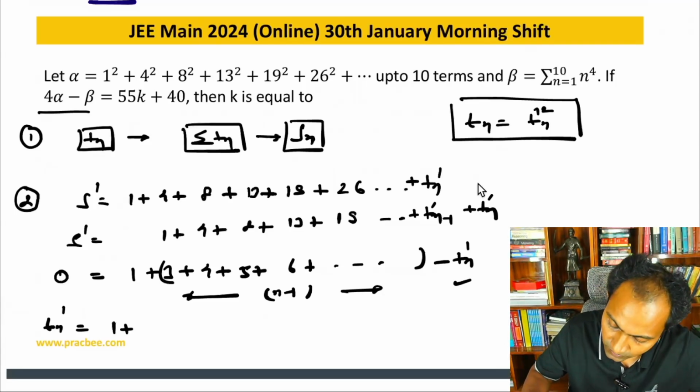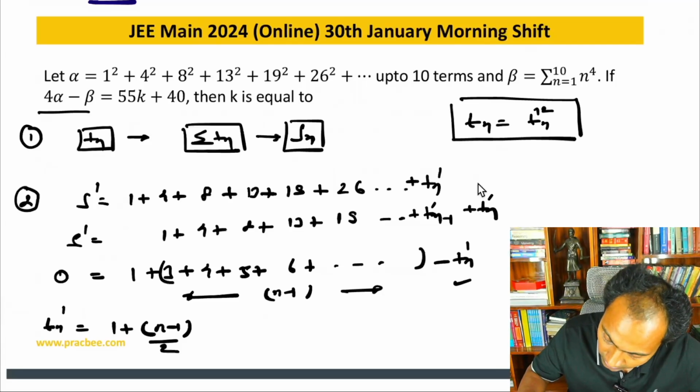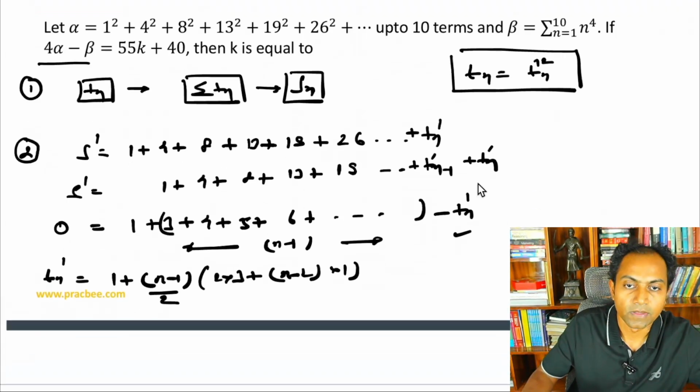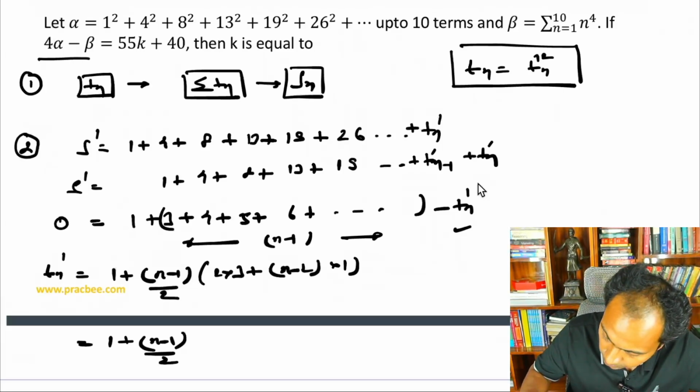So we can apply the formula of sum of arithmetic progression: n by 2 into twice a plus n minus 2 into d, that is nothing but 1. Now if I simplify this, let us see what I get. It is 1 plus n minus 1 by 2, and this comes out to be 6. So this becomes n plus 4.